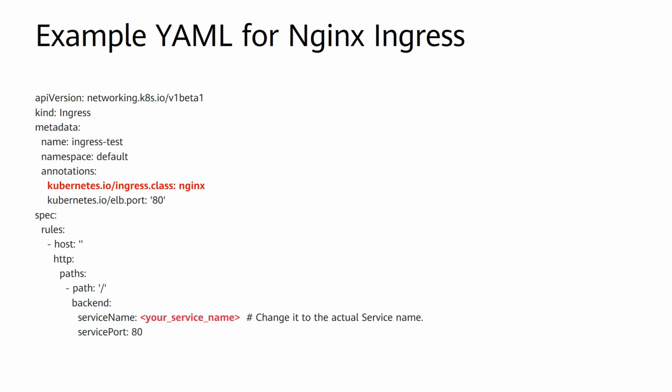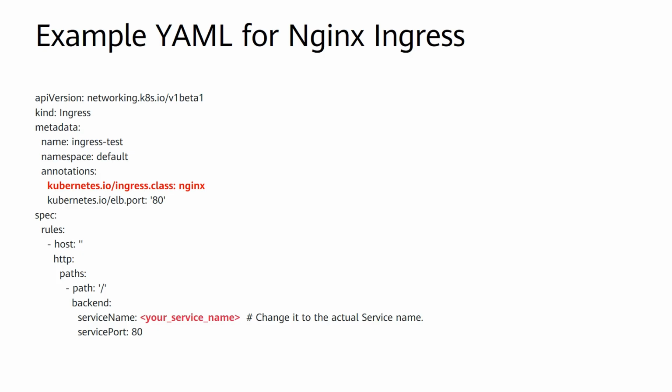In addition, pay attention to the version used by the ingress. You can choose from V1 Beta 1 and V1. The V1 version is supported from Kubernetes 1.19. In CCE, this version is supported from cluster version 1.23. The differences from V1 Beta 1 to V1 include: first, you set the ingress class in spec, not annotations anymore.